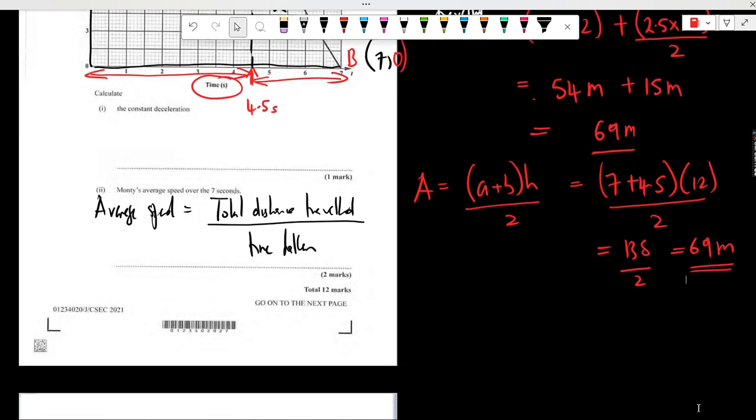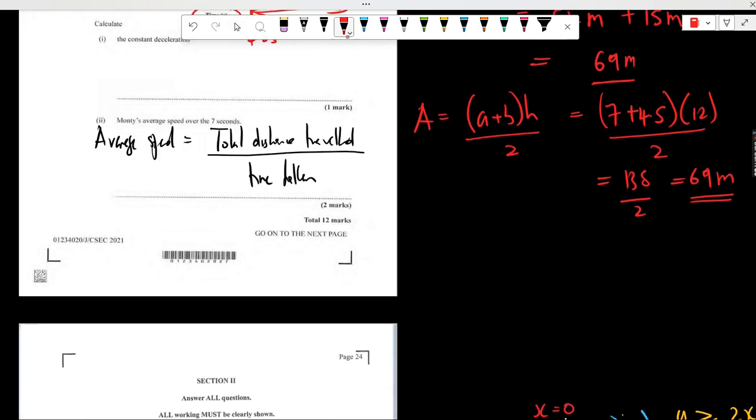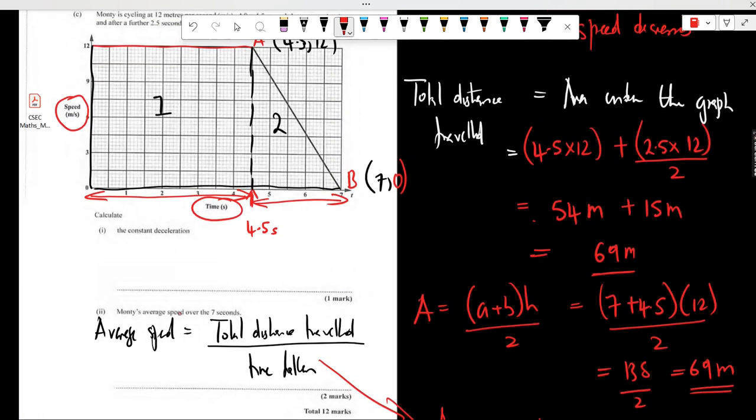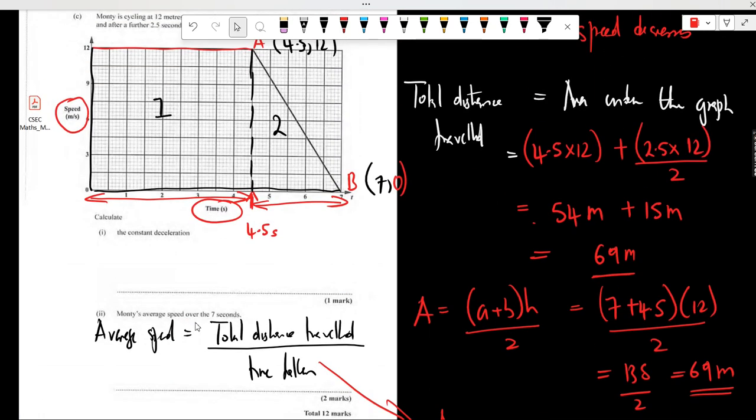We're not finished because we need to find the average speed. So using the same formula, the average speed would be equal to the total distance traveled, 69 meters, over the total time taken, 7 seconds, because the object was moving for 7 seconds.